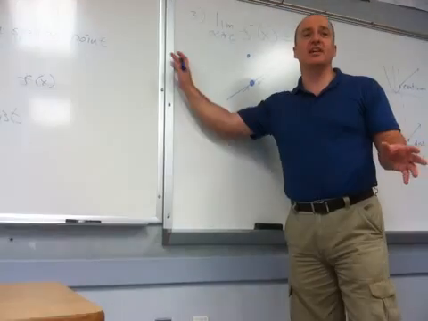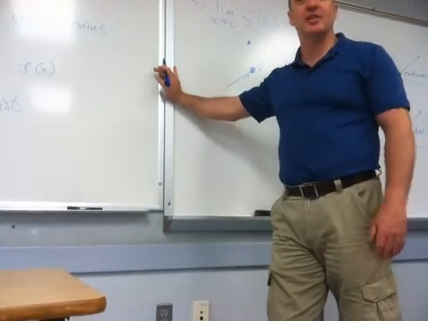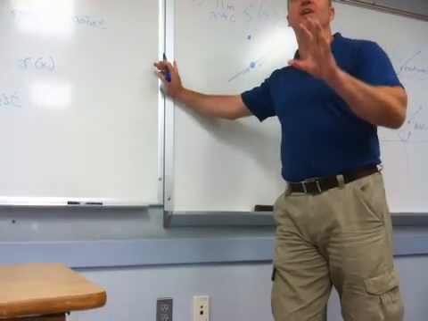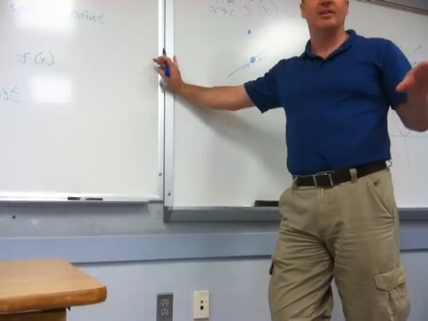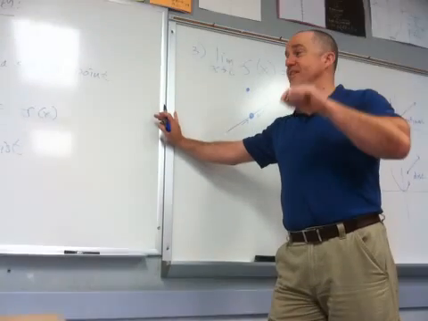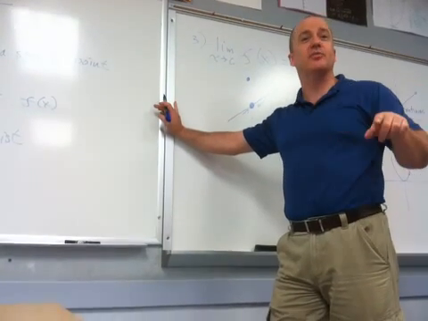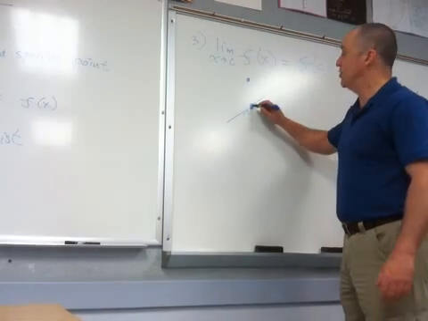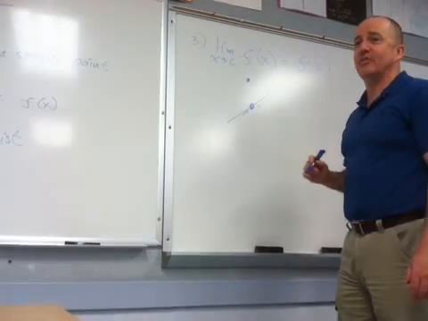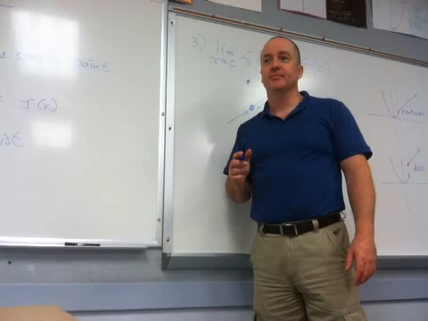You have to do everything you did last night. It's all the stuff you've been doing for the last few days. If you can actually find a limit, find a number, you don't get 0 over 0, or you get 0 over 0 and you get rid of it, and that number is the same from the left as it is from the right, and not only are you headed that way, but you actually get there, you have continuity at that point.